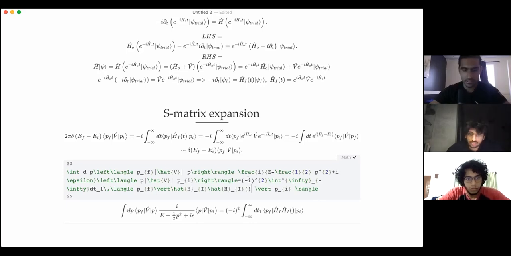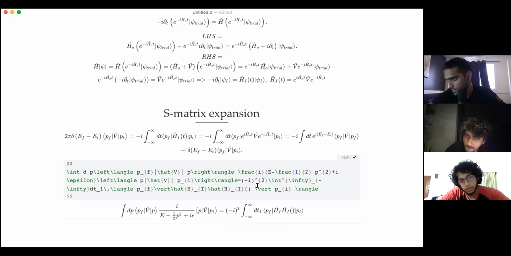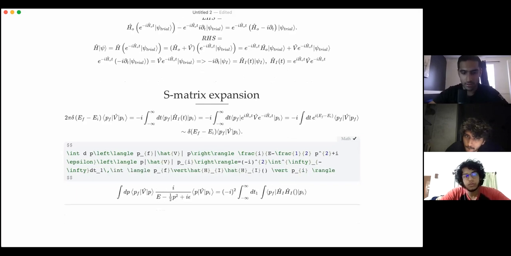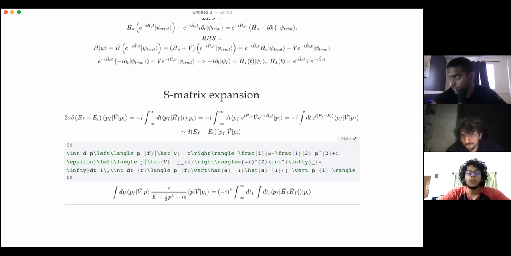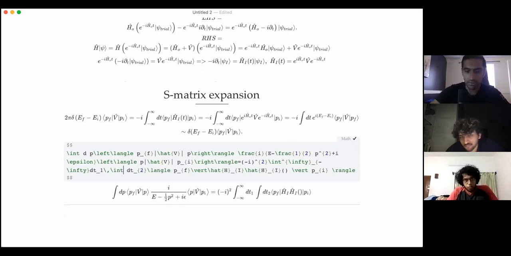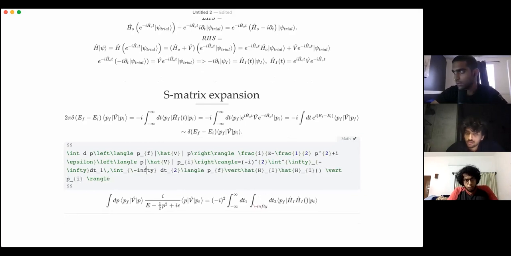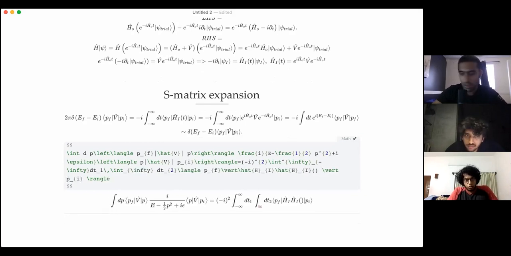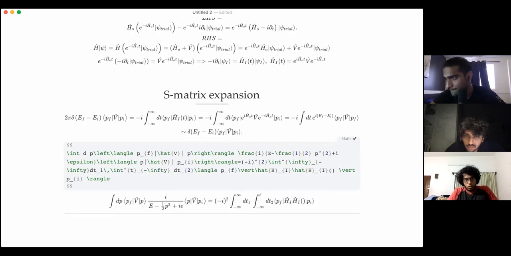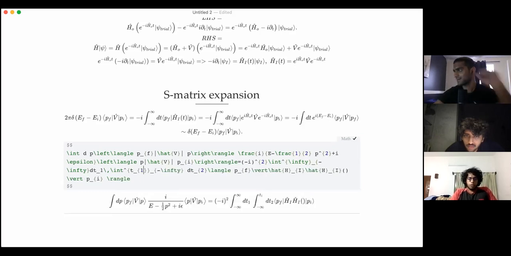Oh, wait, I've missed out on an integral. So right here we had dt1, and we're also going to have a second integral, dt2. But now let's be careful about this one's bounds, because that's going to be minus infinity.